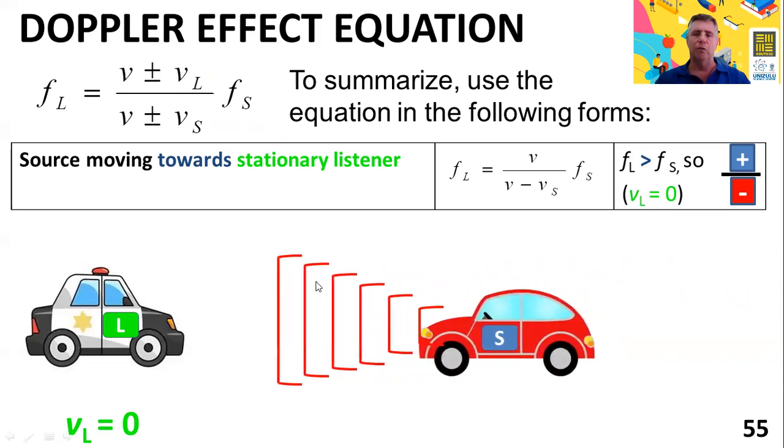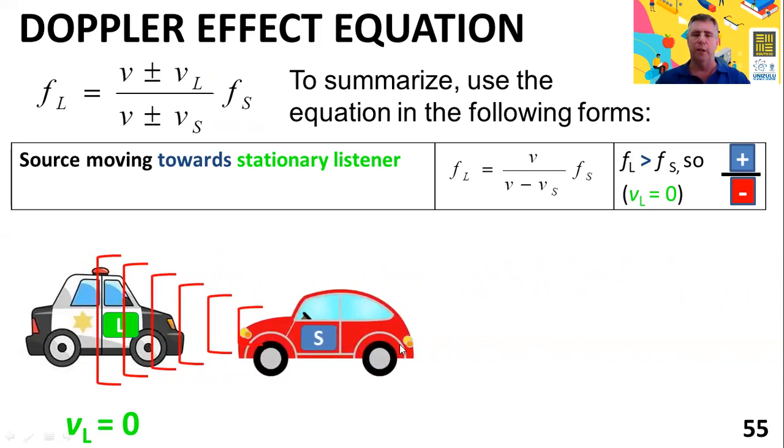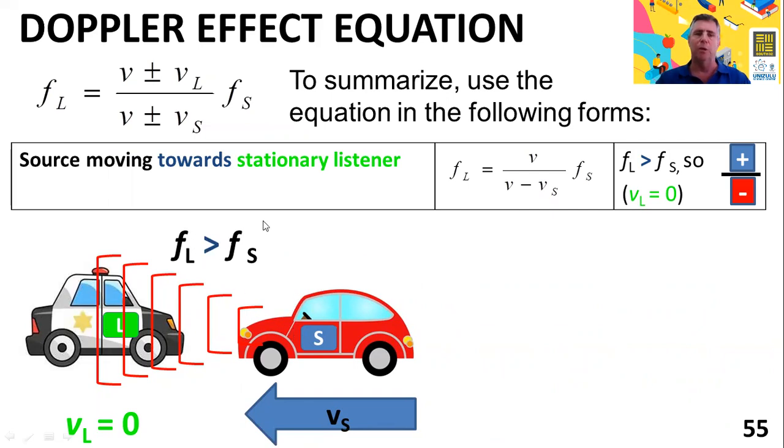Now, our source, the car with the alarm sounding, is moving towards the listener. Remember, that means that the source has a particular velocity, Vs, which we're going to find at the bottom of our equation. And quite often the question will ask you to calculate that. Now, we expect here that the frequency observed by the listener in the police car will be greater than the frequency of the source because they are moving towards each other.